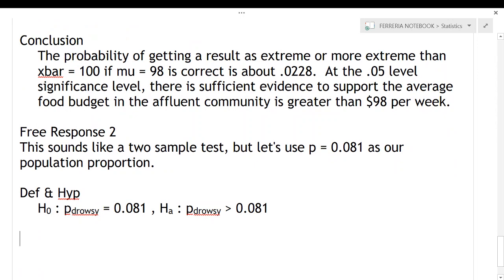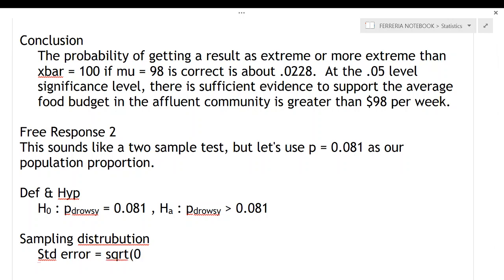Next one. Sampling distribution. Let's compute our standard error. That's going to be equal to the square root of 0.081 multiplied by 0.919, divided by 781.